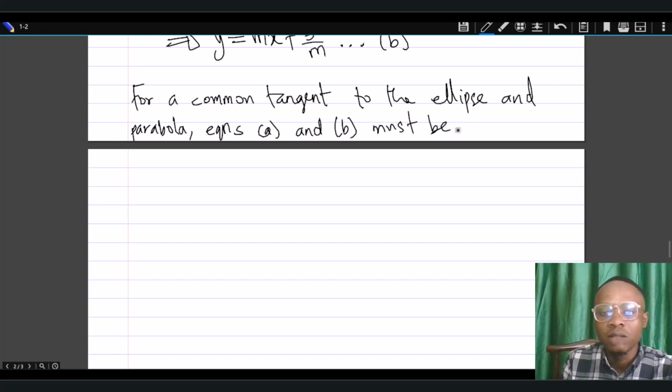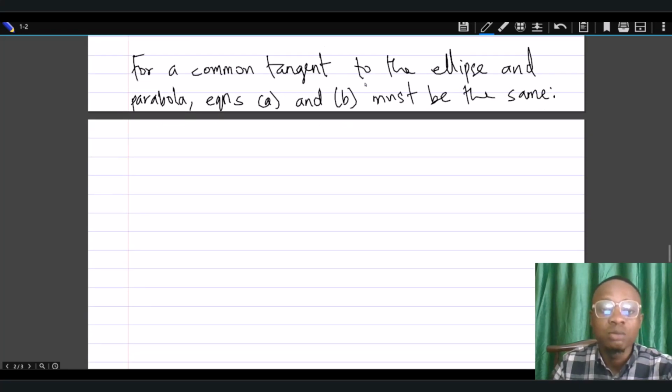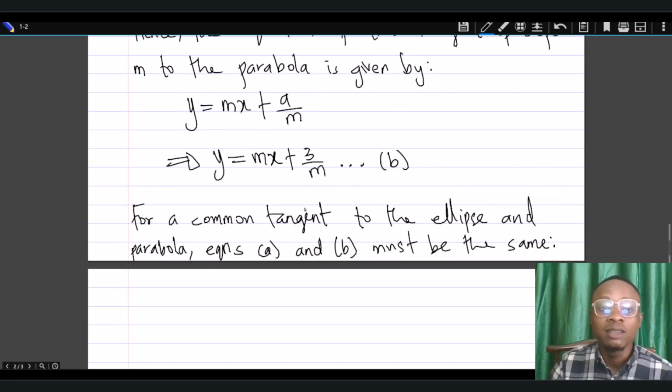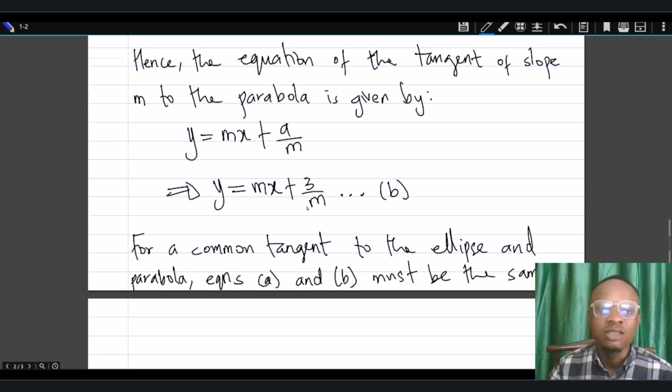It will give us the same results because it is the same line that touches both of them, and that is the meaning of common tangent. That means that tangent is common to both of them. So if that is the case, then we can equate the corresponding parts of these equations.